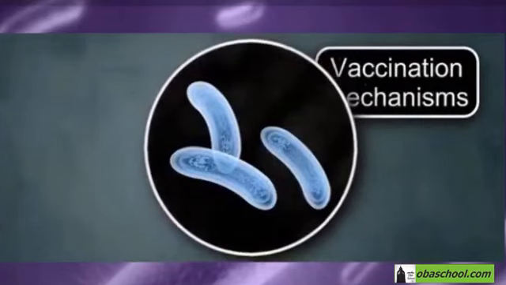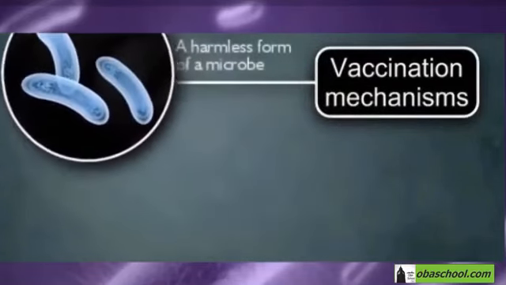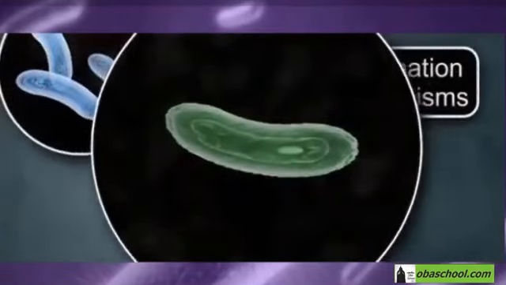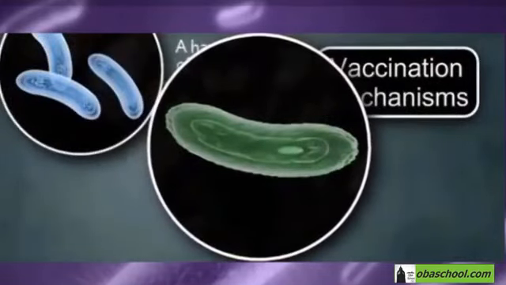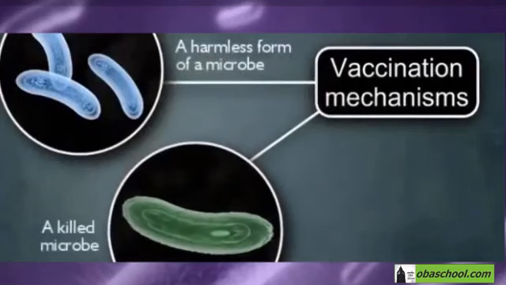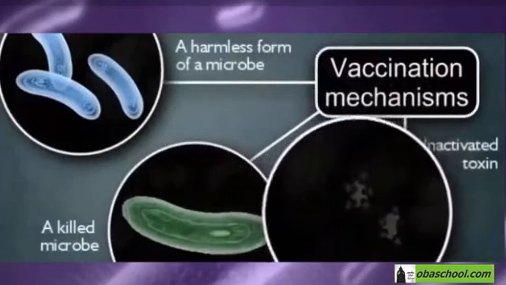For example, tuberculosis. Number two, a killed microbe is introduced so that it can trigger the immune response but cannot induce a disease. Number three, an inactivated toxin is introduced so that it can trigger the immune response.